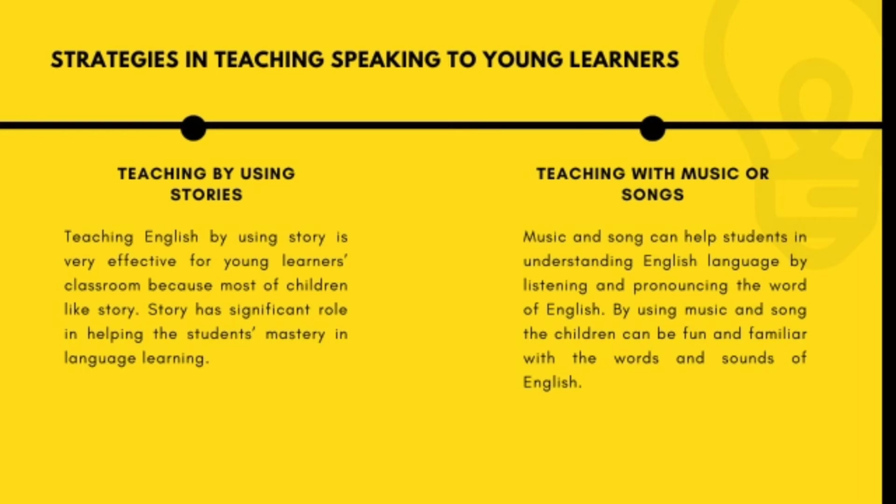And then teaching with music or songs. Music and songs can help students in understanding the English language by listening and pronouncing English words. By using music and songs, children can have fun and become familiar with the words and sounds of English.